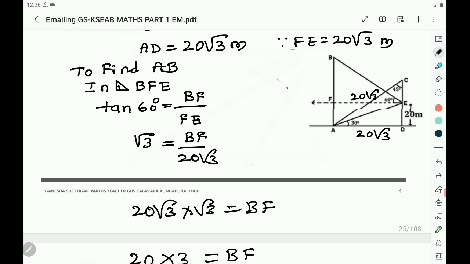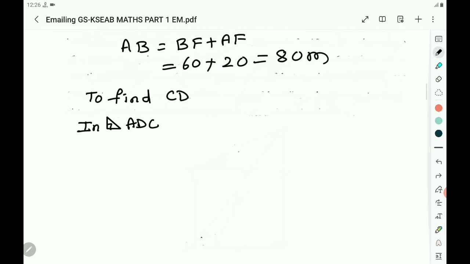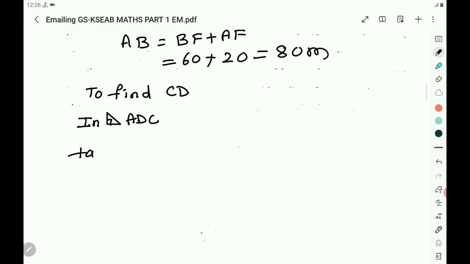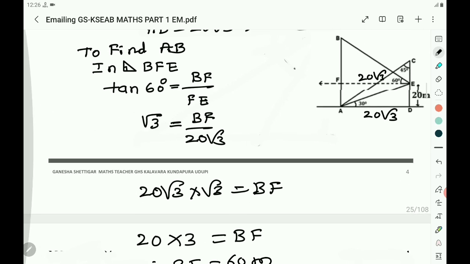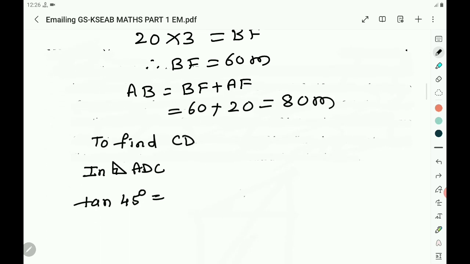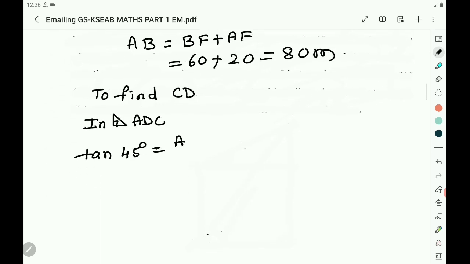Again you can use the trigonometric ratio tan 45, which is equal to opposite side AD by adjacent side CD. Then you write tan 45 is equal to opposite side AD by adjacent side CD.